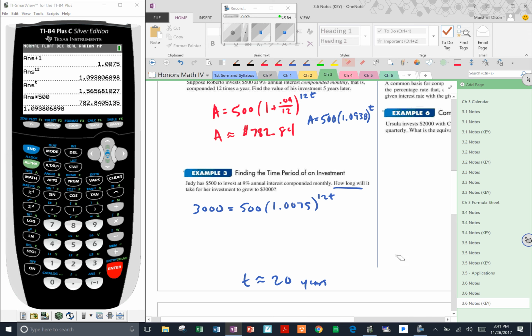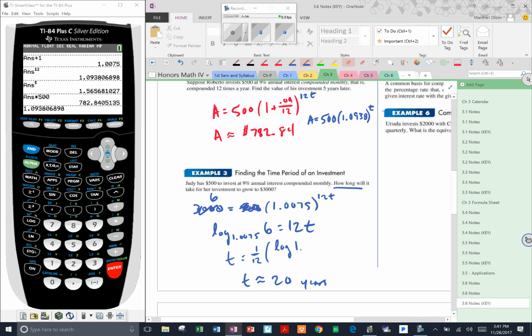I still divided by 500 first and got 6, and then when I switched forms, I had log base 1.0075 of 6 equals 12t, so then t would equal 1/12 of that change of base formula.